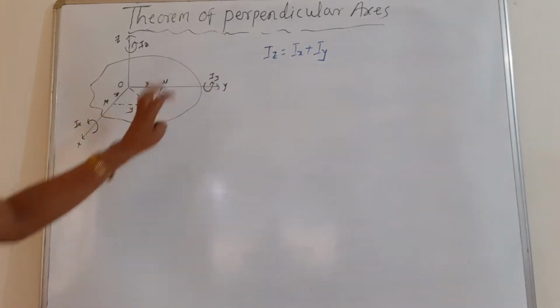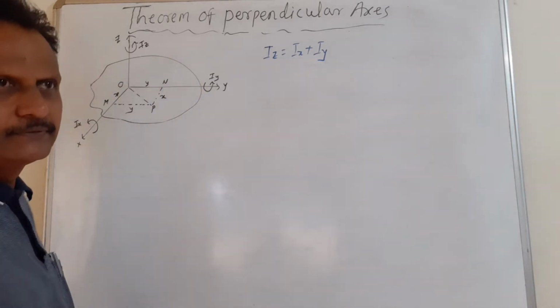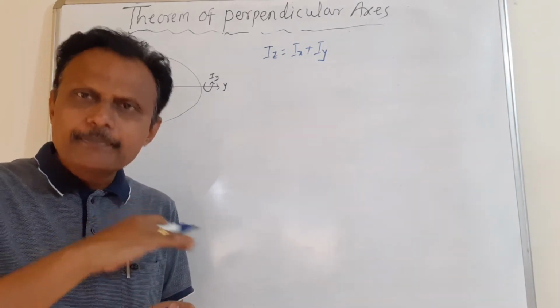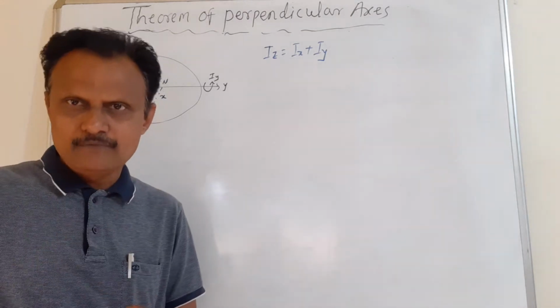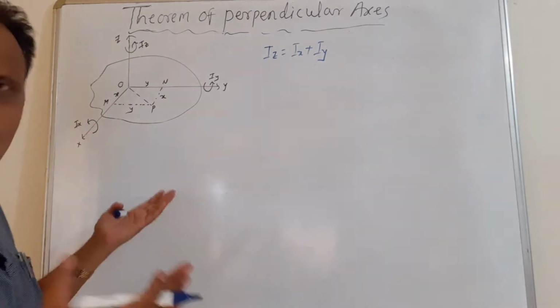So now in this figure, this is the plane lamina. Lamina means it's a one plate, means its thickness is very small as compared to the surface area. So it is called lamina.